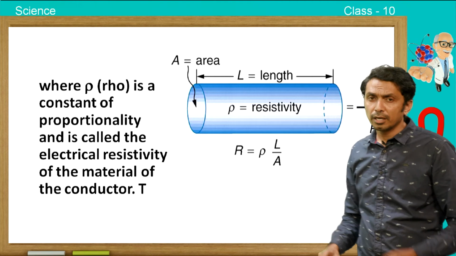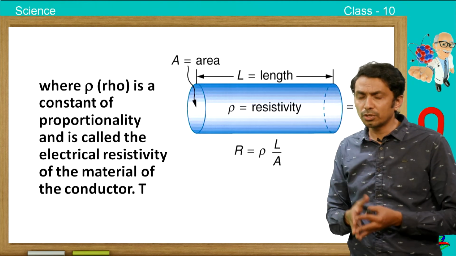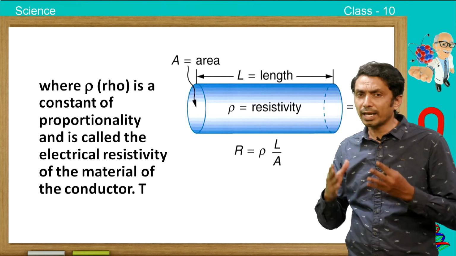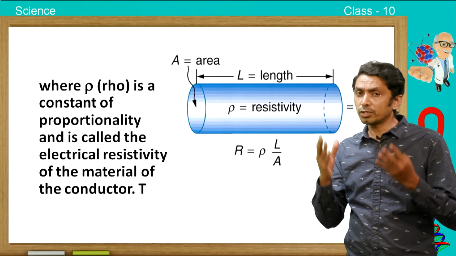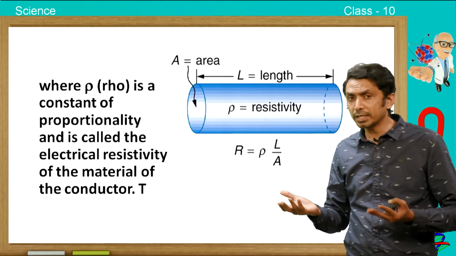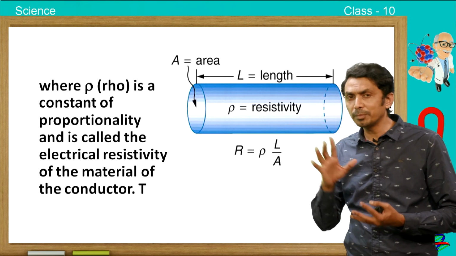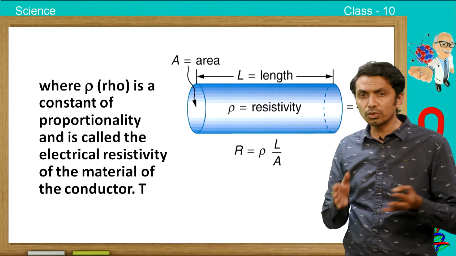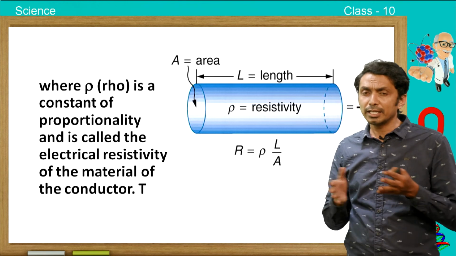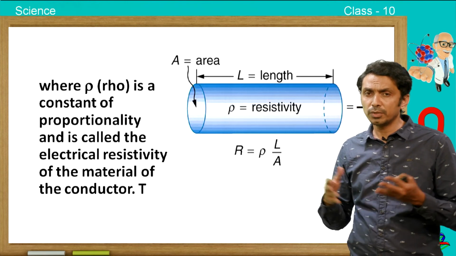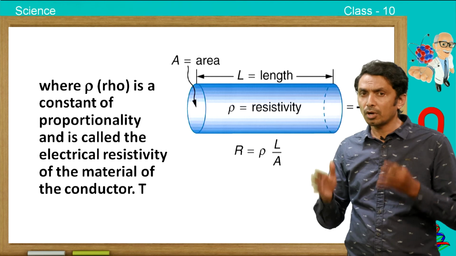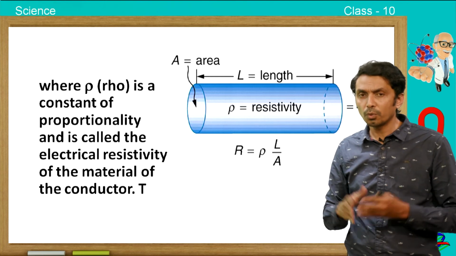I would like to give you one illustration here. If you take an aluminum wire of 2 meter length and a copper wire of the same thickness but of 1 meter length, if you compare those resistivities, it is very difficult to judge them on a common platform. Why?